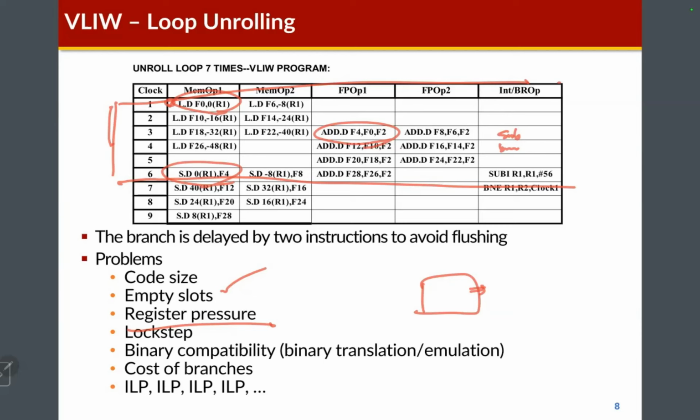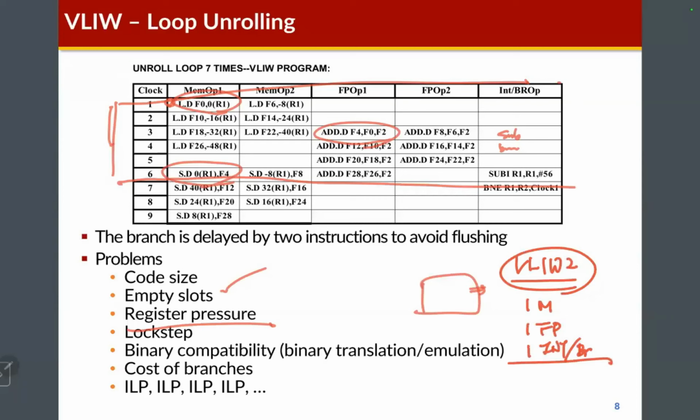Or some different VLIW has a smaller number of slots. That's the more appropriate example. For example, VLIW2 has fewer slots, like one memory, one floating point, and one integer or branch. What's the problem?